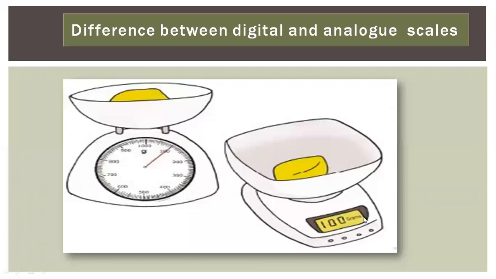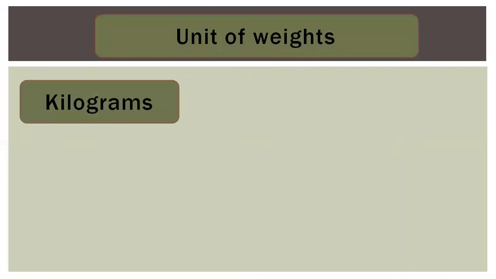So we don't have to look thoroughly inside to find out where the needle is. We just have to see the screen and the weight of the things appears on the screen. 100 grams. Look, digital scale is much easier than the analog scale.